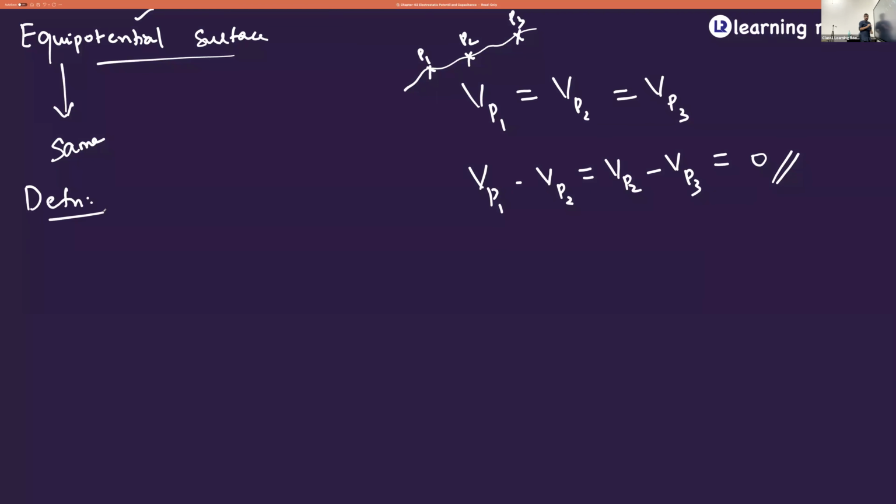So the definition says potential at every point on it is the same.